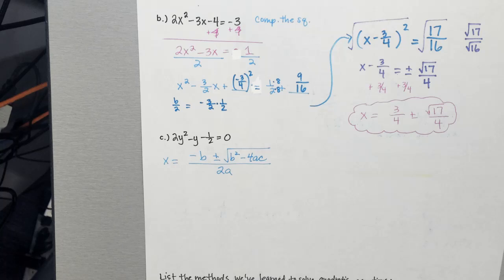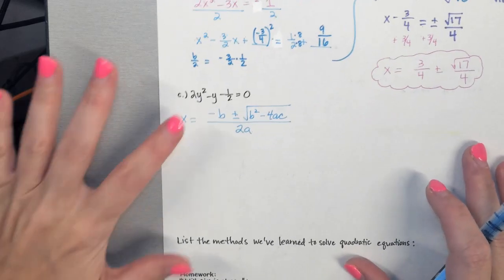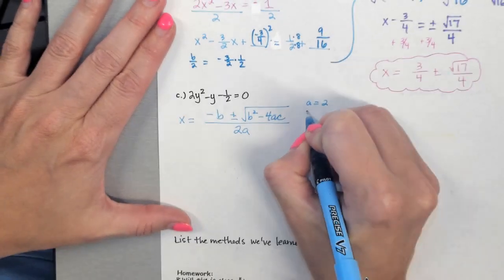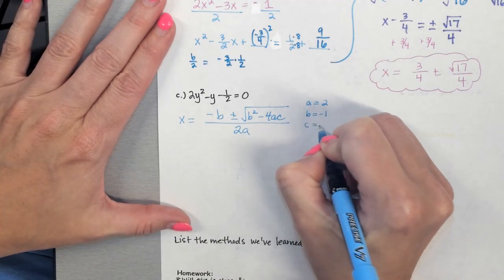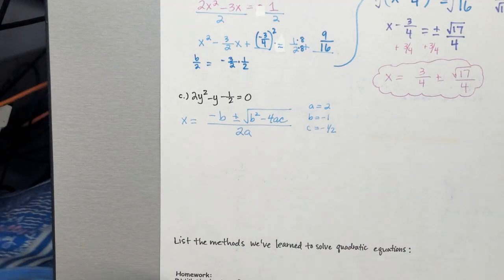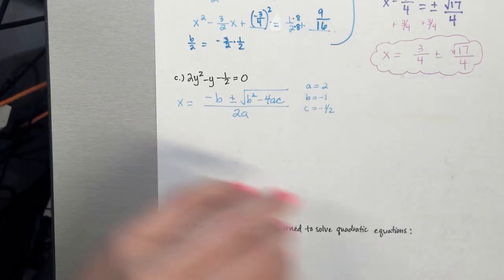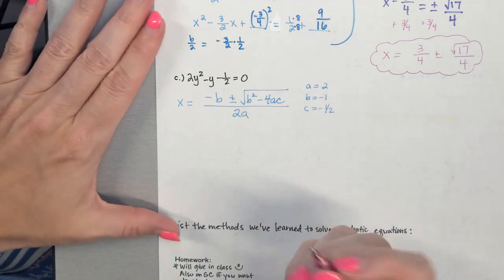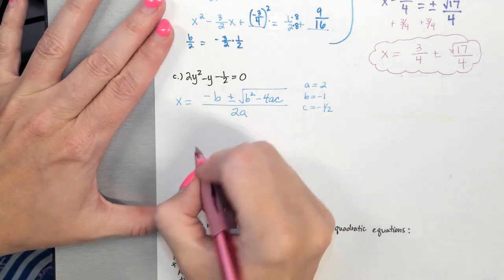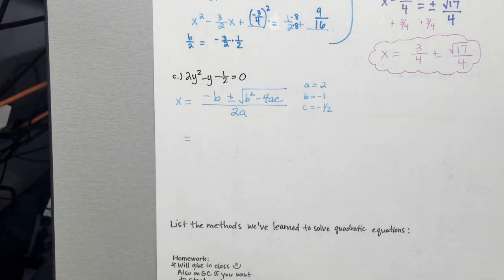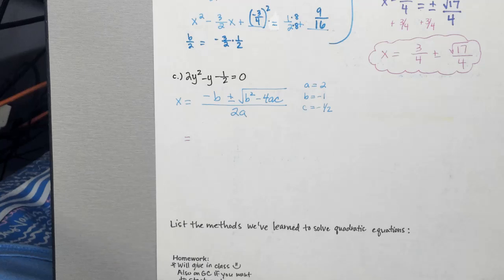Okay, and this time it's a y, so it really is going to be y equals instead of our x equals. So your a is 2, your b is -1, your c is -1/2. This is another no calculator unit. And really all of chapter 1 is no calculator, and then in chapter 2 we will be using this.